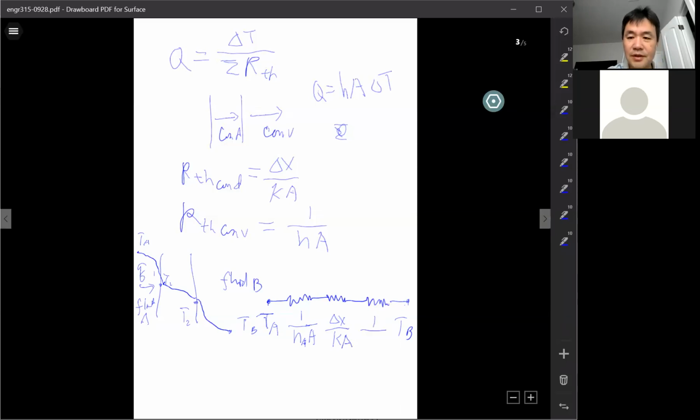The third part is fluid B, which will be 1 over h_B A. These are the three thermal resistances. If you really want to mark the temperature, like in the book, you would say this is where T1 is, this is where T2 is.